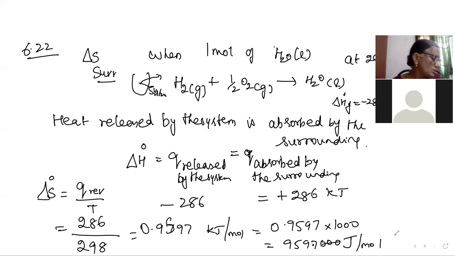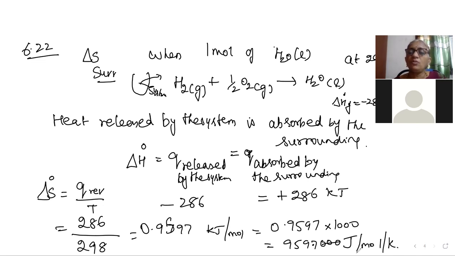This is the symbol for joules per Kelvin per mole. Because we have temperature. Joules is the unit for heat and T for Kelvin, and usually it is expressed per mole.